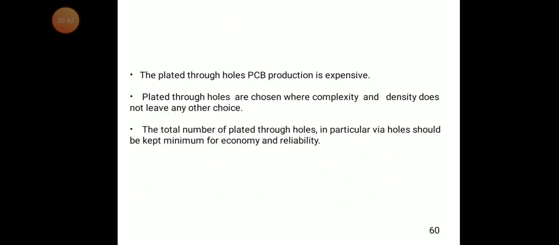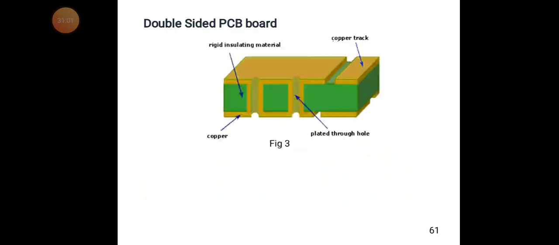Plated through holes are chosen where complexity and density do not leave any other choice. The total number of plated through holes, in particular via holes, should be kept to a minimum for economy and reliability.